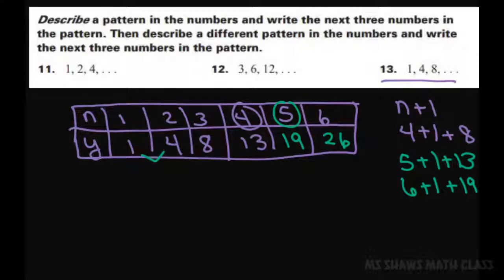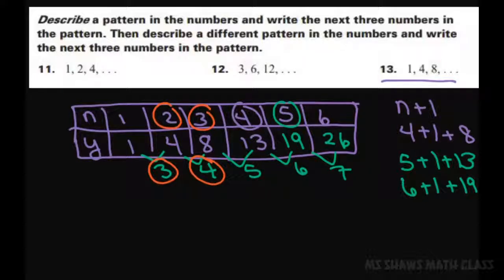So we basically went from 3, 4, 5, 6, 7. So it's like taking n plus 1, because the difference between these is 1. Okay? And that's it. Thank you. Have a nice day. Bye-bye.